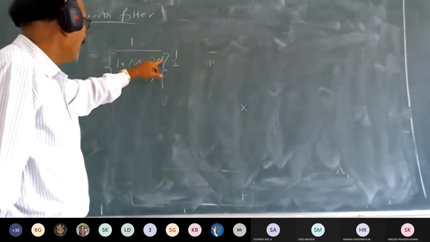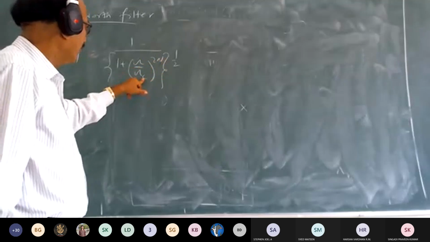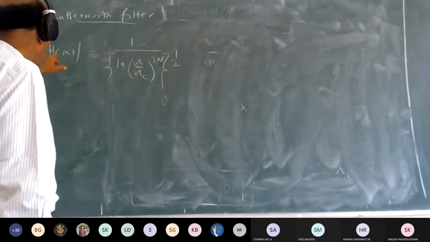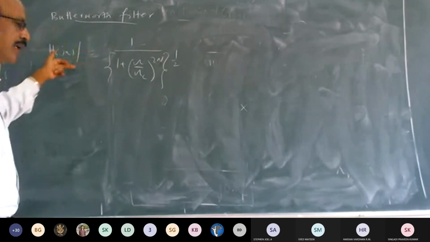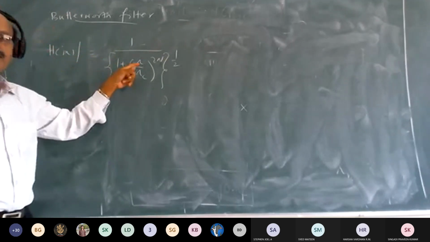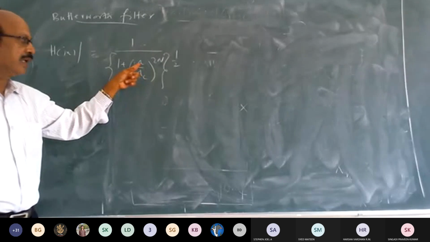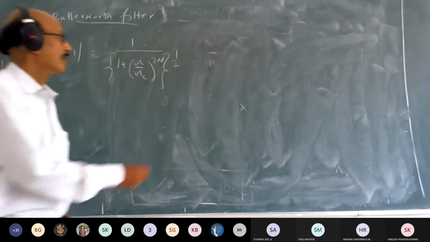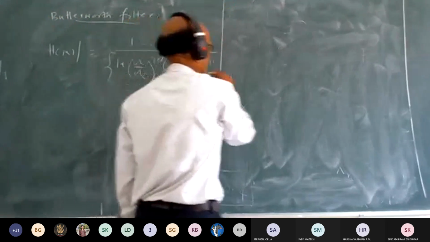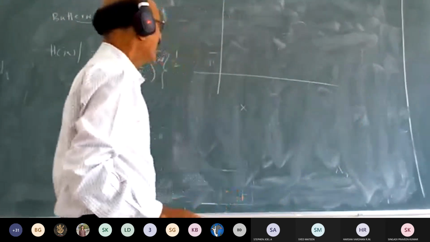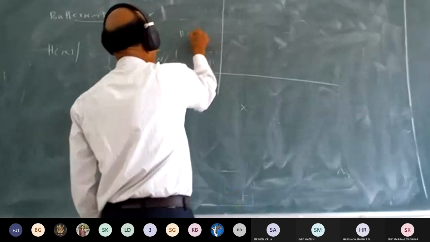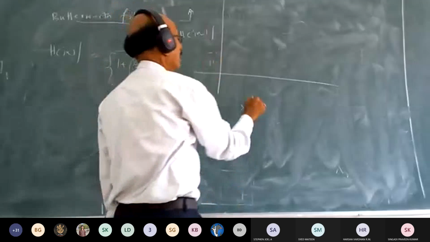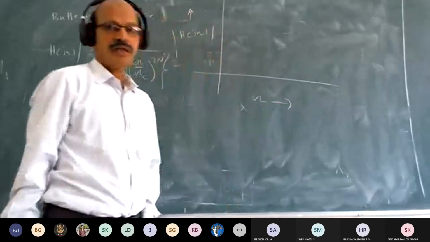If the order and the cutoff frequency are fixed, then omega decides the value of H of j omega. We also sketched the magnitude response curve yesterday, with the magnitude along the vertical axis and the frequency omega along the horizontal axis.